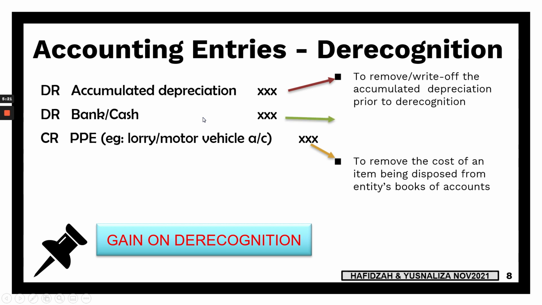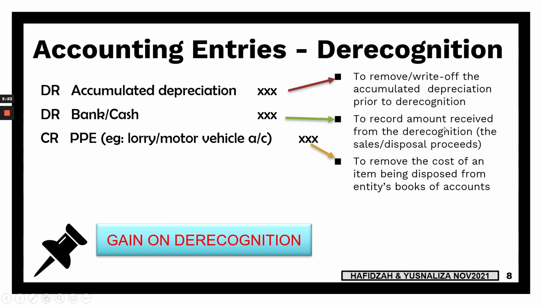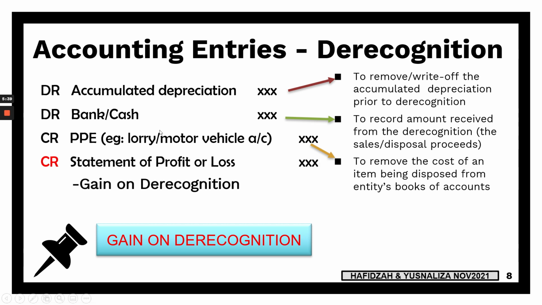Next is to record the payment as usual, the amount received from the other party, perhaps your customer, from the derecognition by the reporting entity. Next would be to record the gain. The gain will be credited to the statement of profit or loss. Before this, the loss was debited.